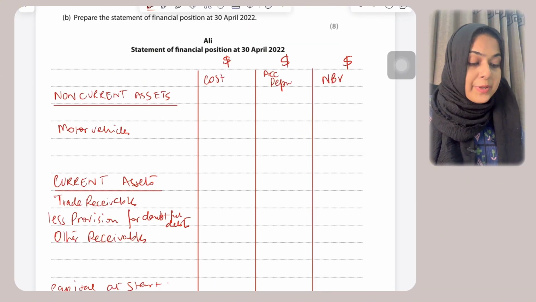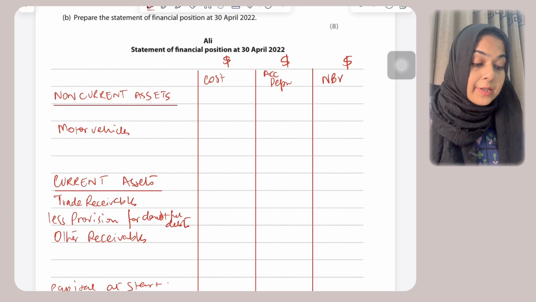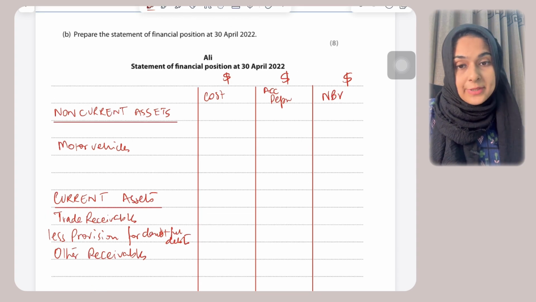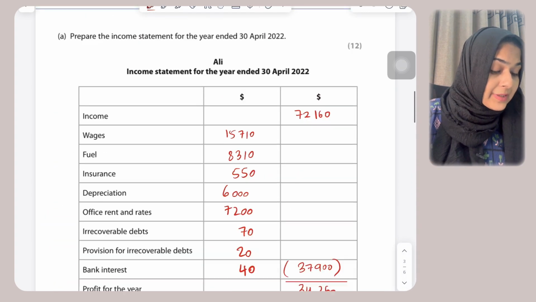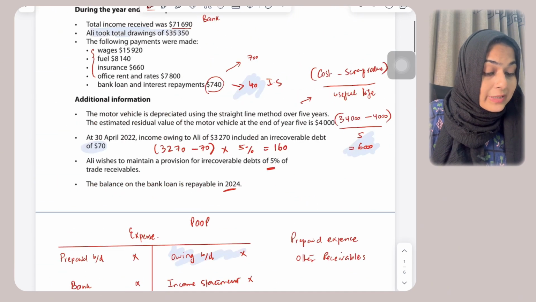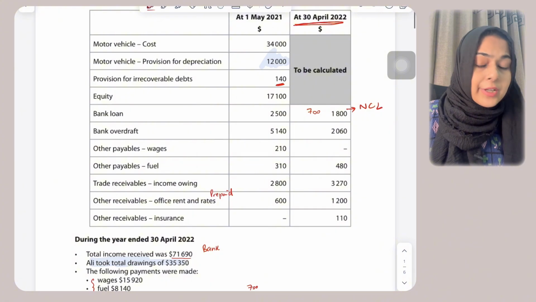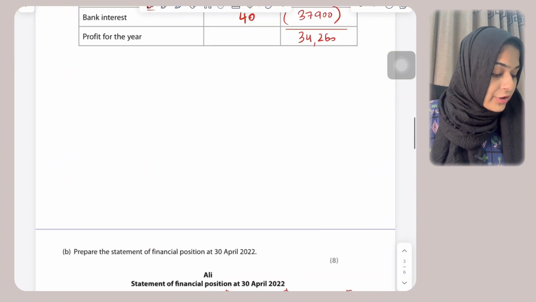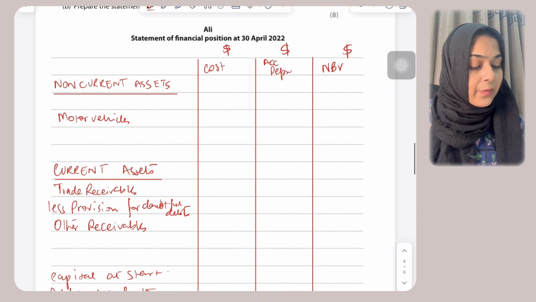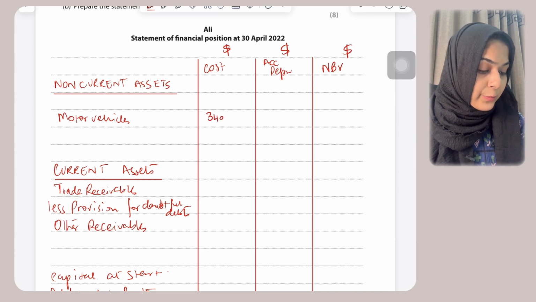So in part B of this question, we need to prepare a statement of financial position for the business of Ali. And remember, this is a service business. We'll start with non-current assets at the end of the year. The cost of non-current assets was the same. It did not change. So I'll write here 34,000, the cost of motor vehicles.